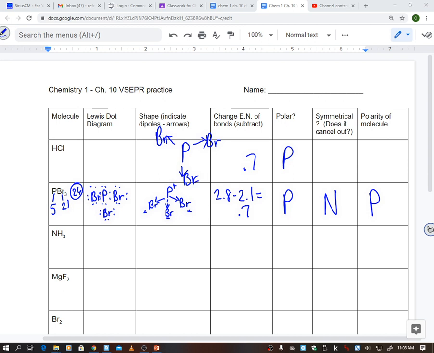It does. Negative, negative, negative. They all are negative, so yes. So it went from polar, they canceled each other out, and now it is non-polar. I'm hoping that isn't too confusing. I just want to know, was it a polar molecule when you went to subtract, and now when you look at the shape, it's not?